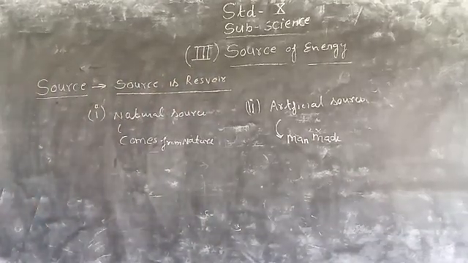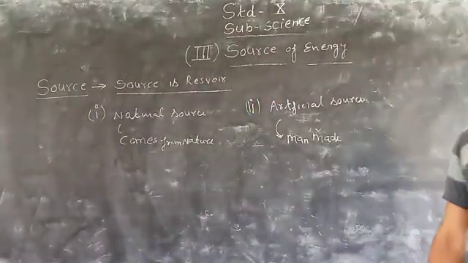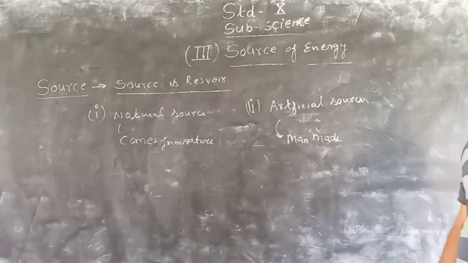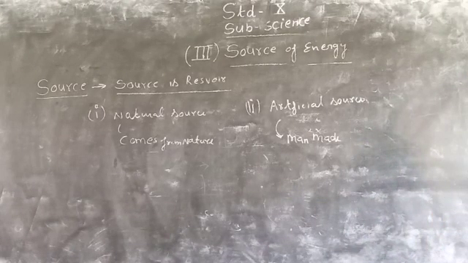These are the two sources, natural sources and artificial sources of energy. Now we come to the next topic, the classification of energy sources.